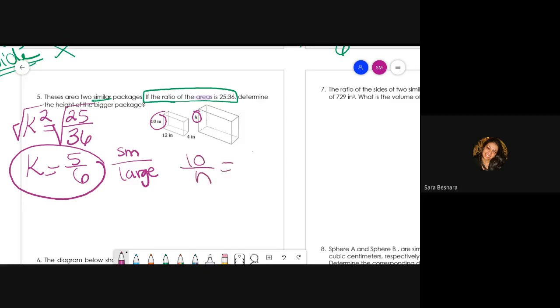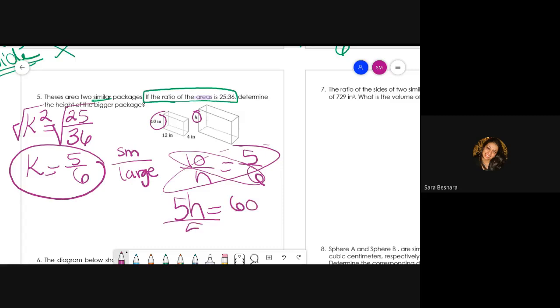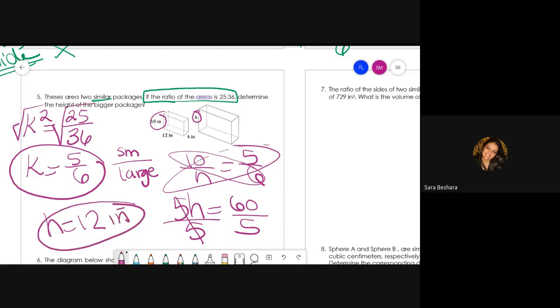Cross multiply: 5h equals 6 times 10, which gives us 60. Divide by 5. H is 12 inches. I ended up doing it all.